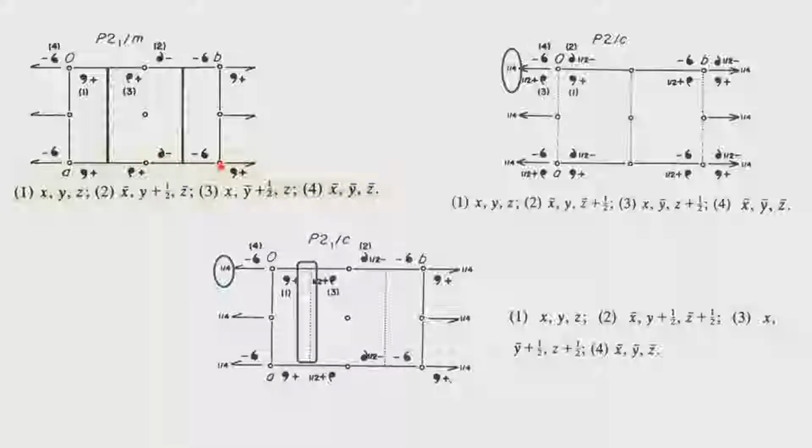Notice that since there is only one axis of rotation in a monoclinic system, we should remember that the symmetry operations are restricted to around the y axis, which is the unique axis. So, we do not have any other symmetry elements which will come in a monoclinic system. So, there is only one unique axis about which the symmetry operation takes place.